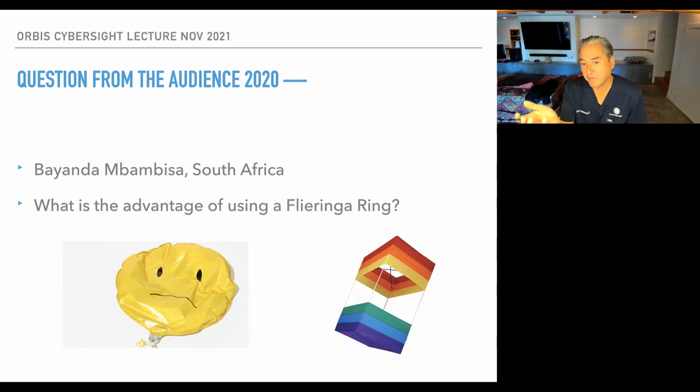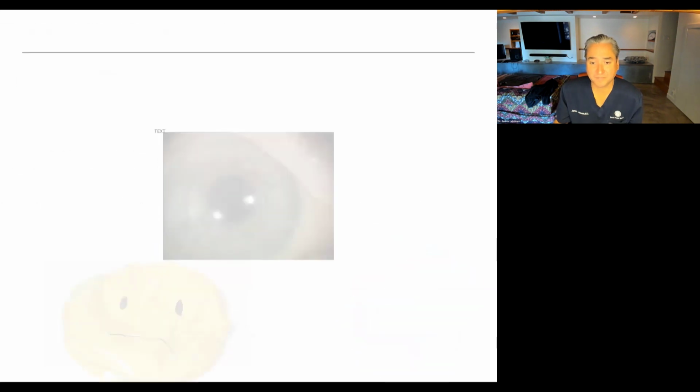It creates depth in the anterior chamber and allows you to put a lens in the sulcus much easier. If you don't have that Flieringa ring, the posterior capsule starts to rise up. There's not really any space between the posterior iris and the posterior capsule. It's very difficult and more dangerous to put in a lens at that time. So anyway, save yourself a headache. Take the time to put in a Flieringa ring.